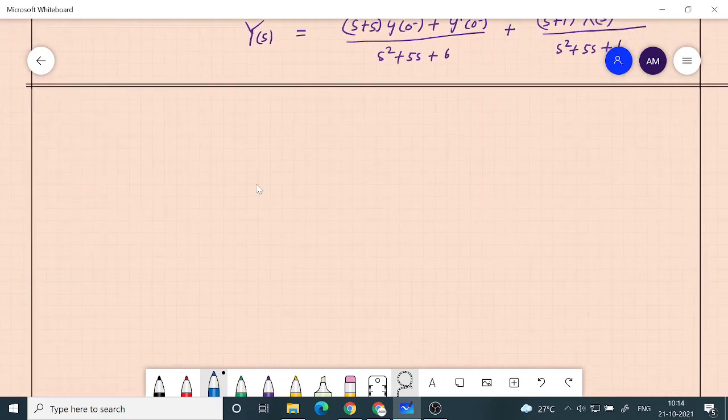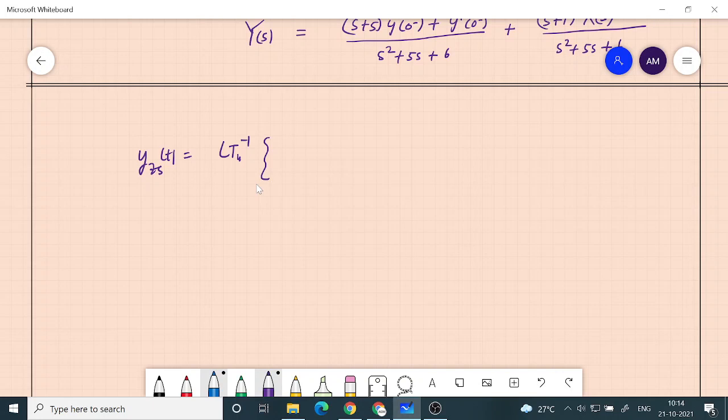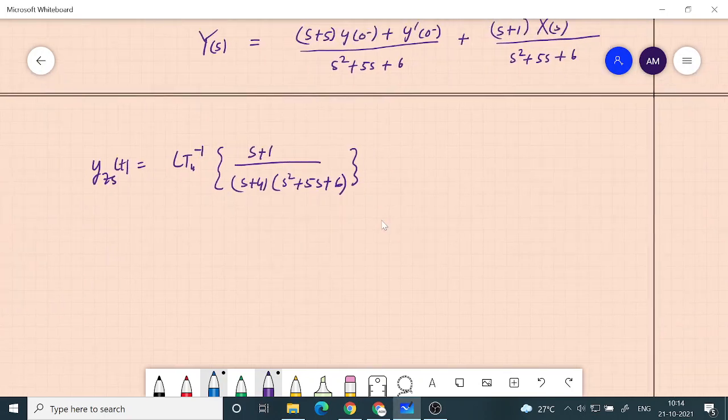So the zero state response is the inverse Laplace transform of (s plus 1) divided by (s plus 4) times (s square plus 5s plus 6), I suppose. Okay, this is the inverse that we need to find out.